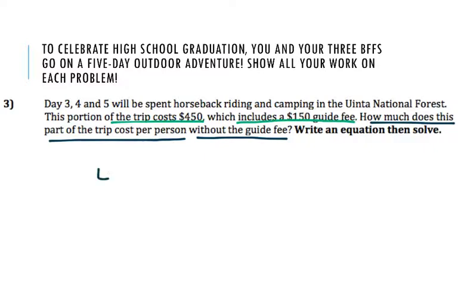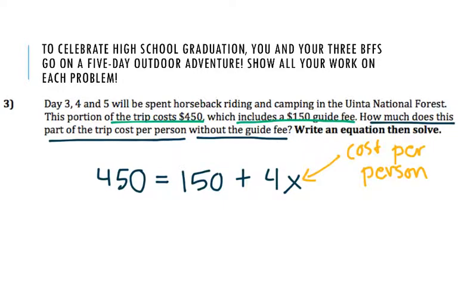So if we take the total cost of this portion of our trip, and we want to find out the cost per person without the guide fee, well, the total cost would be $150 guide fee plus 4 times the cost per person. So x represents the cost per person. Now, I wrote 4 times that because you have 3 BFFs and you. There are technically 4 people involved.